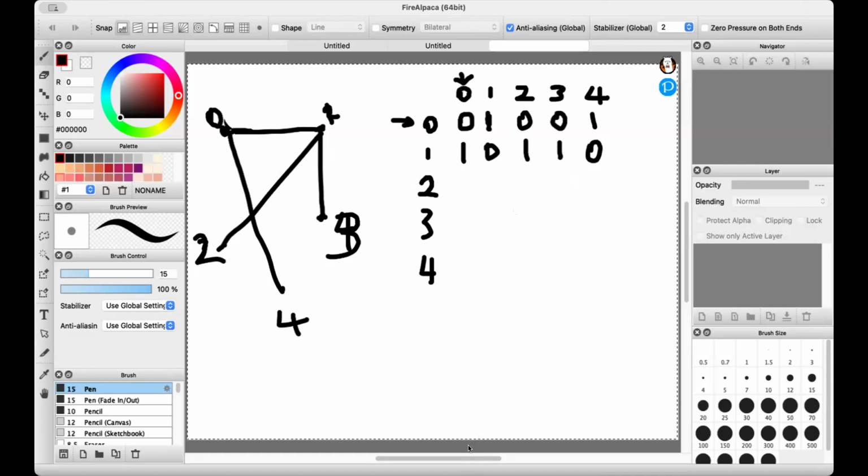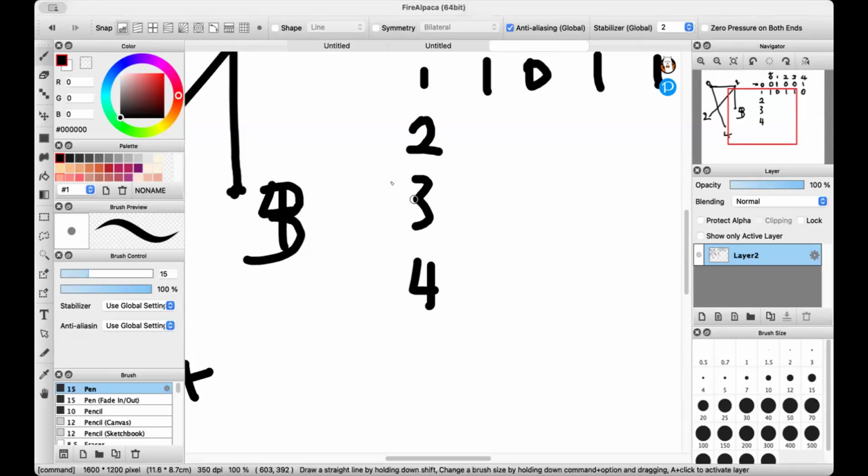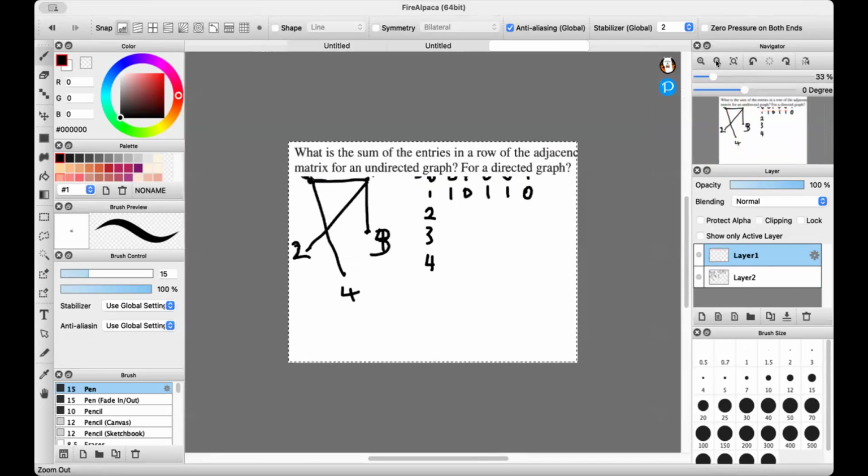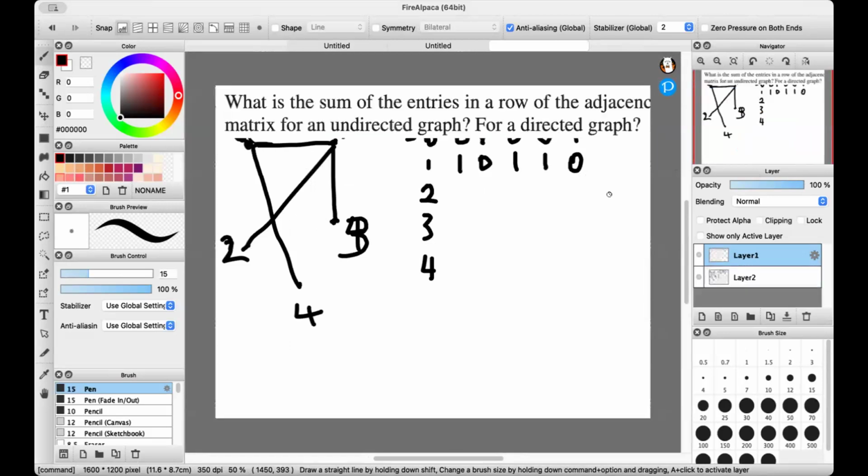So what the question is asking is, let me take a screenshot of it. Okay, the question is asking, what is the sum of the entries in a row of the adjacency matrix for an undirected graph?